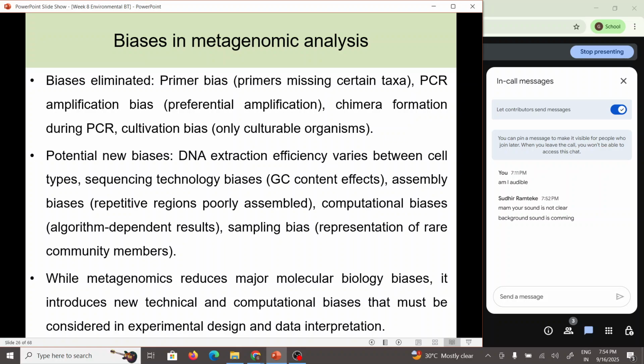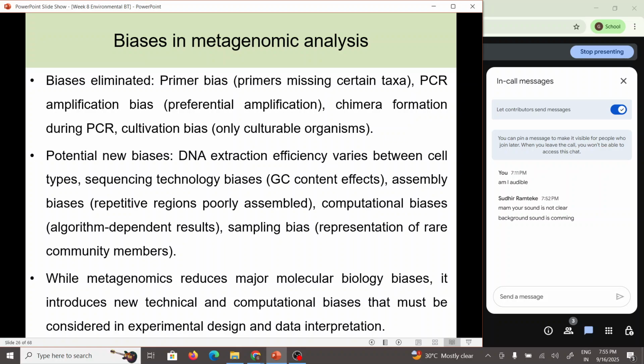So in one technique, we will use a GC clamp just to avoid the DNA from getting completely denatured or becoming completely single stranded DNA. So the GC content and AT content is going to give some bias in sequencing. And even when we use shotgun sequencing, the bias can still arise. So that is one form of bias that we can have.